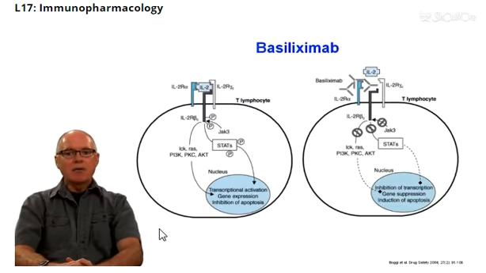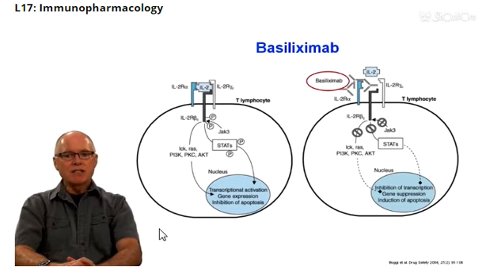Basiliximab acts by preventing binding of IL-2 to its receptor. Remember that activation of T lymphocytes is mediated by binding of IL-2 to its receptor, IL-2R. IL-2R is a heterotrimer in structure, and it's composed of 3 subunits: the IL-2R alpha, IL-2R beta, and IL-2R gamma.